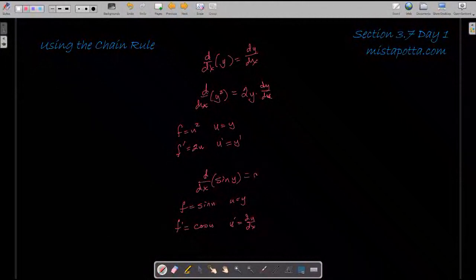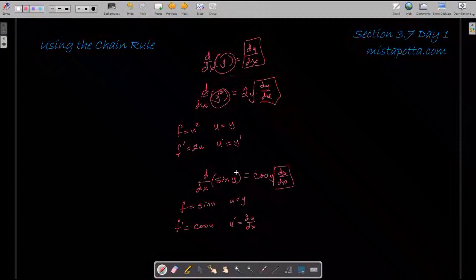And so I end up with the cosine of y dy dx. So what's important here is that using the chain rule means that every time I take the derivative of something that involves y, I'm going to end up with a dy dx term that's being multiplied. So I want to go through several examples of this.